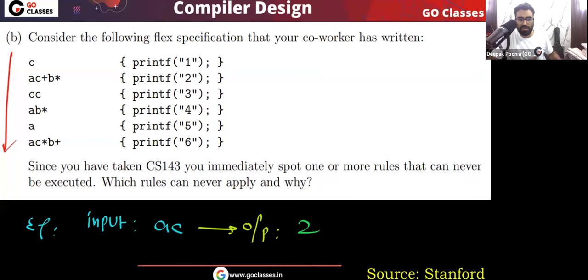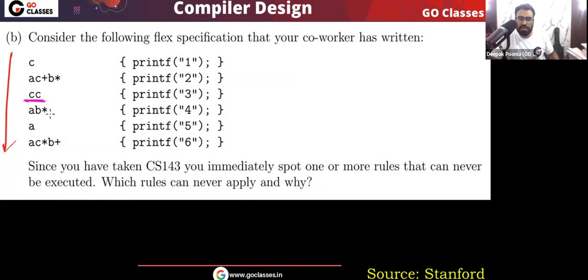So you can easily notice that here you have some string which is not present above it. What about this CC? Is there any string here which is not present above it? Yes, CC itself. You can see there is no CC above.